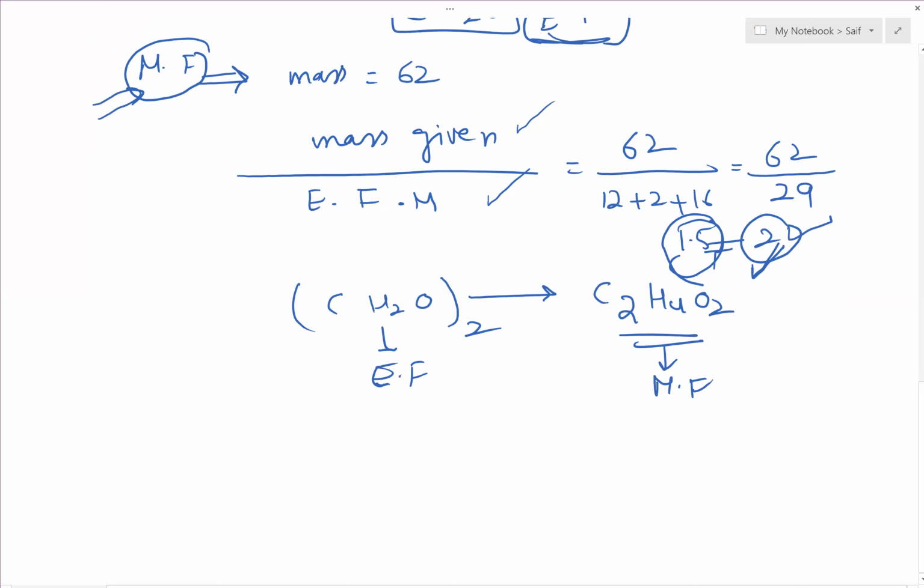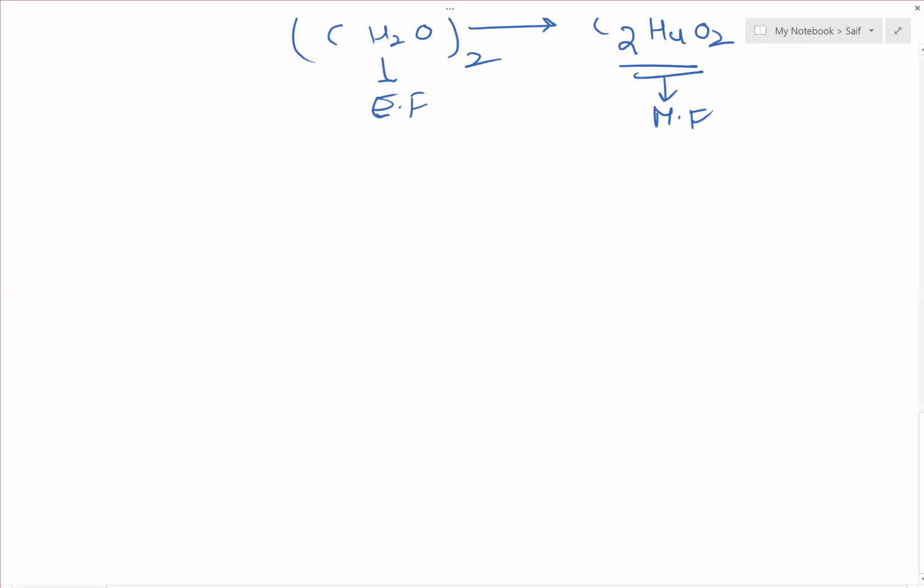Now let's suppose I'm writing one question. We are having carbon as 38.71, hydrogen as 9.68, and oxygen as 51.61%.